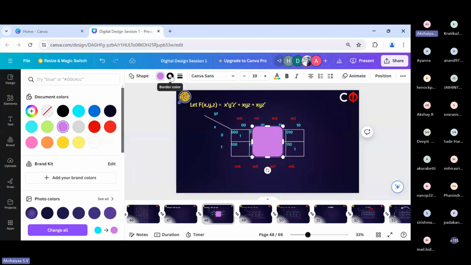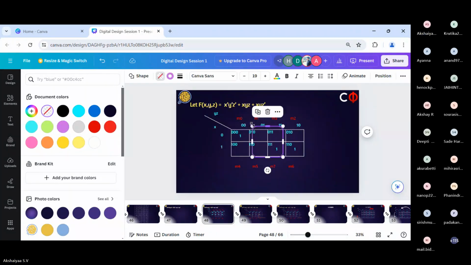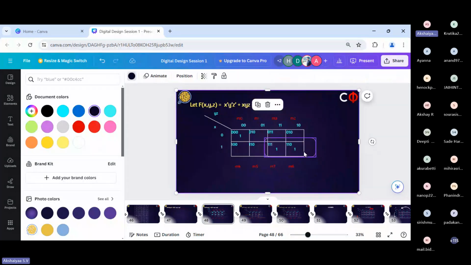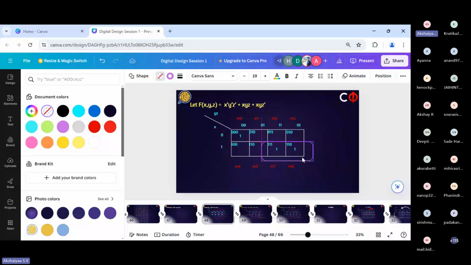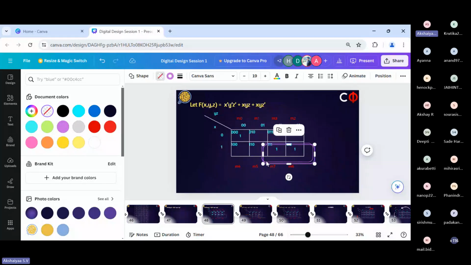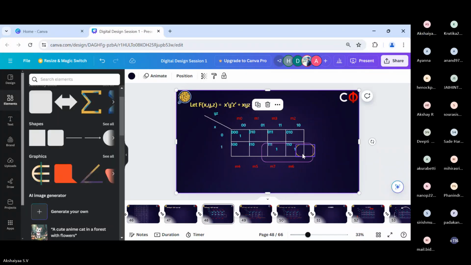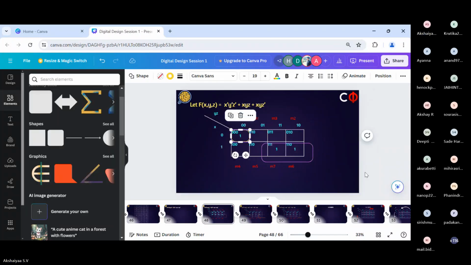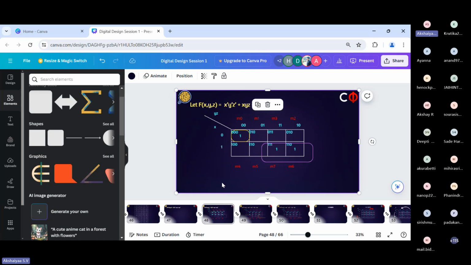So this is going to be grouping number 1. And there is another grouping which has to be done, which is going to be this one over here. So I'll make this smaller and change the color so that you guys will be able to differentiate. I'll make that say yellow and put it over here. So these are the two things which are possible over here.